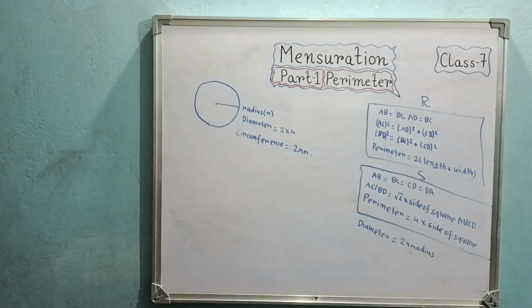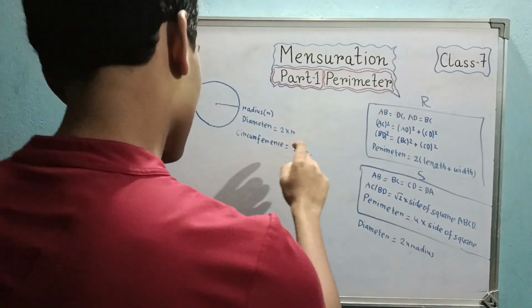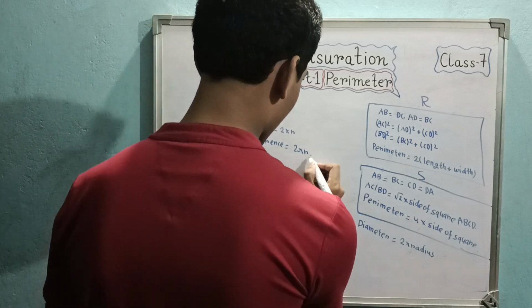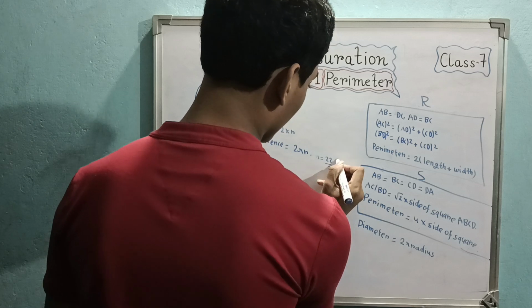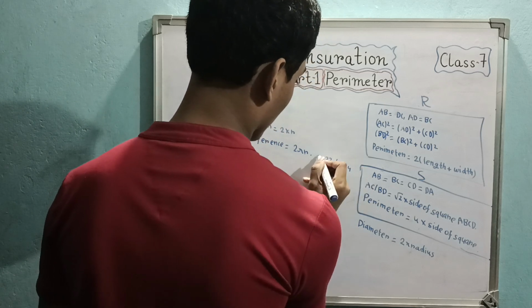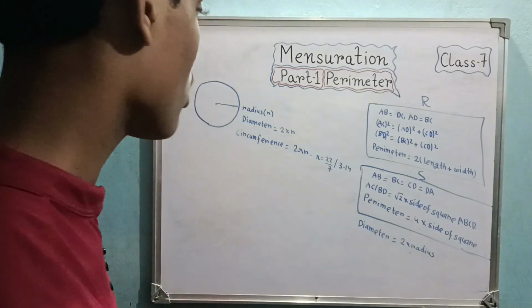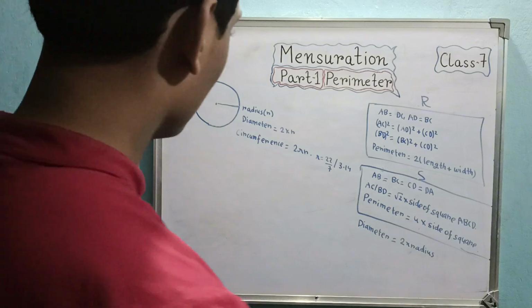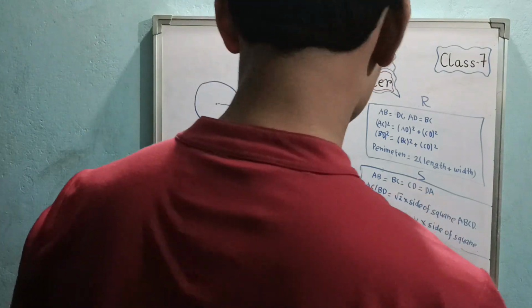Now you might be destroyed by this term pi, but don't be. You can understand what is r, what is 2 pi. Pi is equal to 22 by 7 or 3.14. Not that chocolate pie. Okay, this is the pi of circles. This value is fixed.